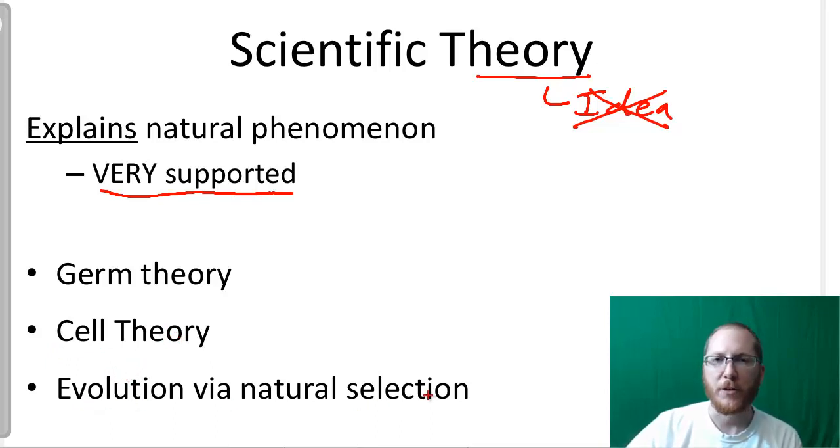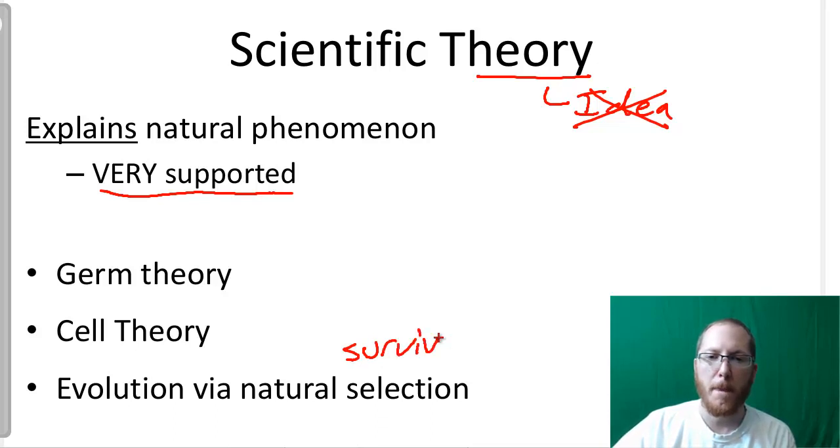And then evolution via natural selection attempts to explain the facts of evolution we see, which are just that things change over time. So we have to explain why things would change over time. Why is it that something might get bigger or smaller? That's where natural selection comes in, where this revolves around the fact that organisms want two basic things. They want survival and they want sex.